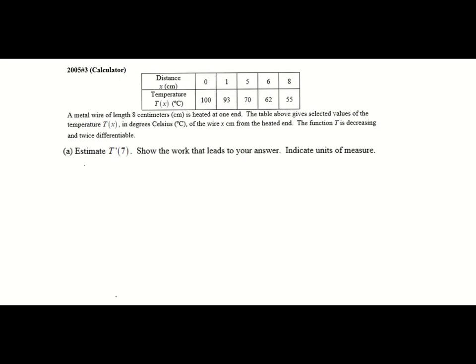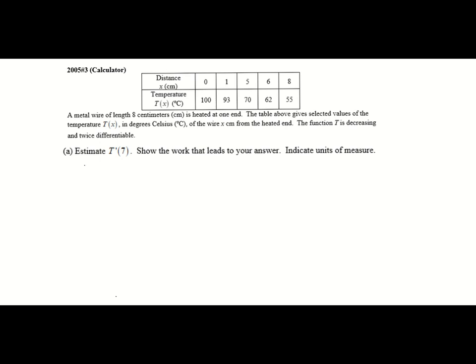Okay, our next problem is a calculator problem, so you might want to make sure you've got a calculator handy. The table that we are given, our given data, gives us distances in centimeters from 0 to 8, and then temperatures in degrees Celsius starting at 100 and going down to 55. So the prompt says a metal wire of length 8 centimeters is heated at one end.